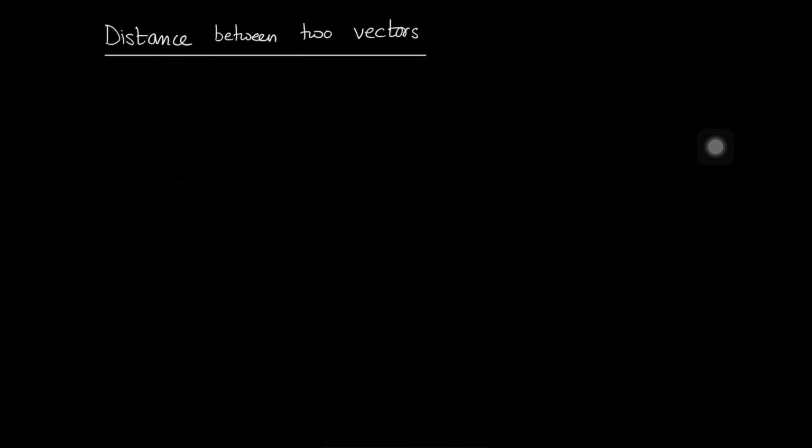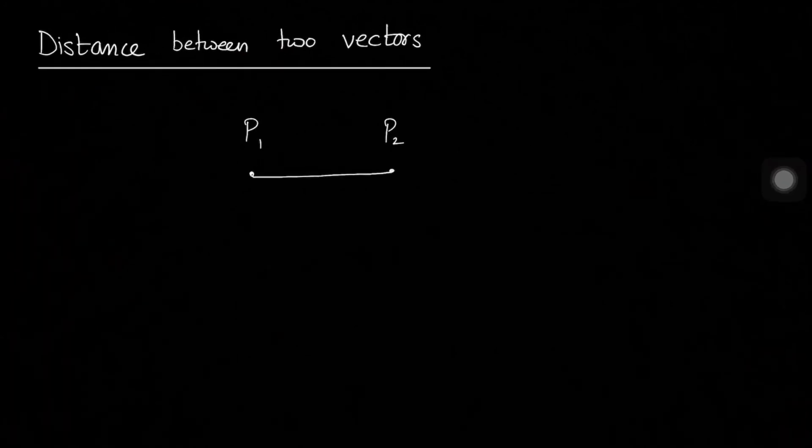So we will conclude this lecture with the distance between two vectors. Suppose you have two vectors p1 and p2, and we have to find the distance between them. Suppose p1 has vector components x1, y1, z1, and p2 has vector components x2, y2, z2.